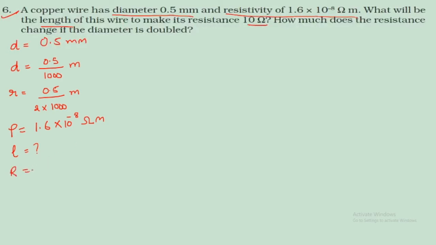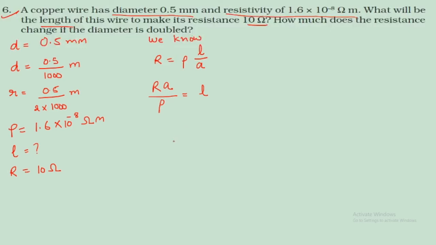That means R is 10 ohm. So now we know expression for resistivity, that is R equals to rho L upon A. A is the area of cross section. So we have to find L. So R into A upon rho equals to L.